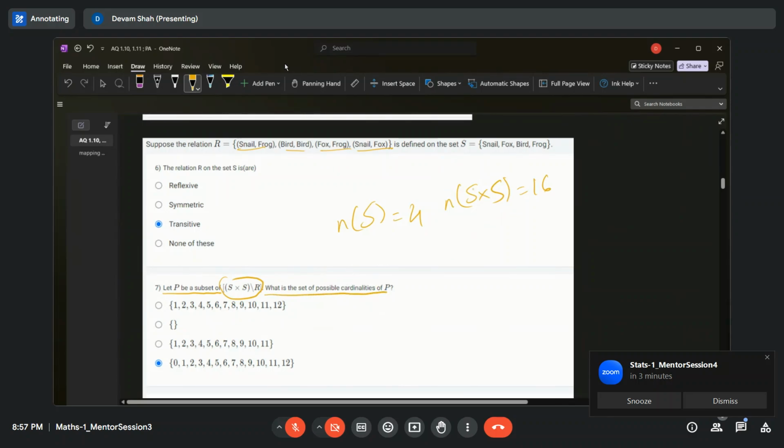So we have S cross S, and we are removing these four elements, right? From S cross S. So it is snail, snail, snail, fox, snail, bird, snail, frog, right?